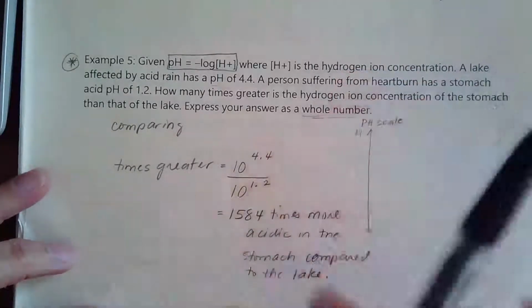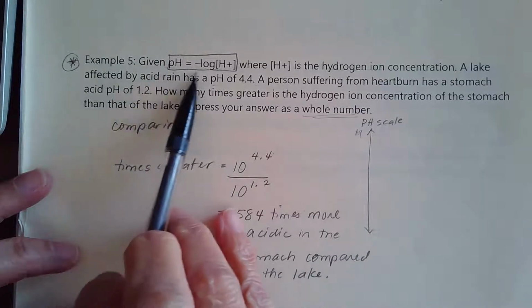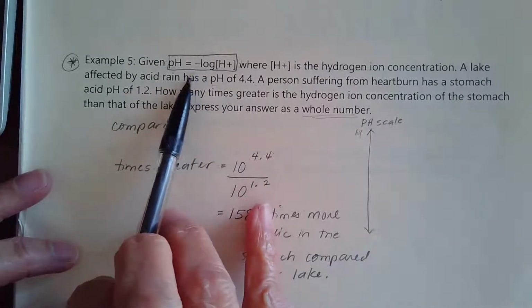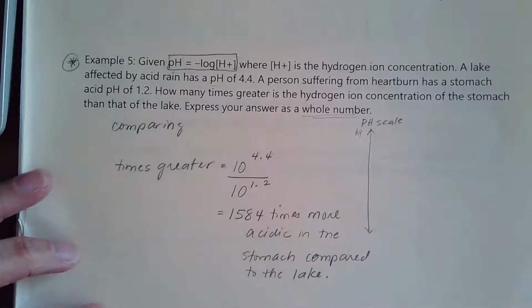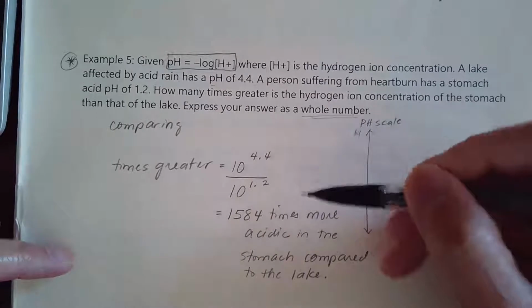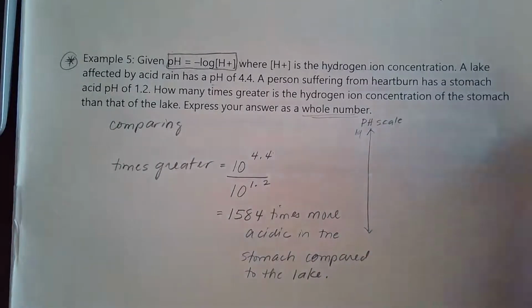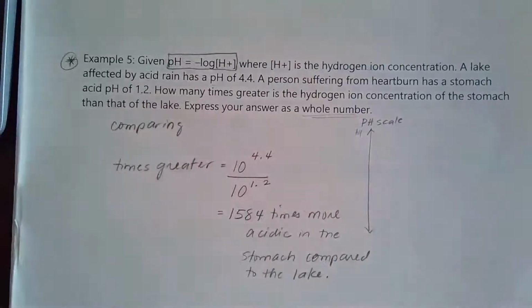So I'm going to go back to example number 5, and in that case also use the formula for the pH. We will get the same answer, but this is just one of the shortcuts that I found. So I will show you every step for example 5. Okay, so let's do that first.